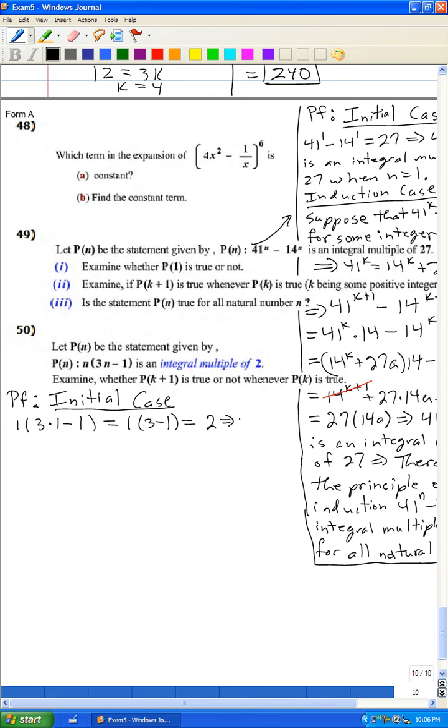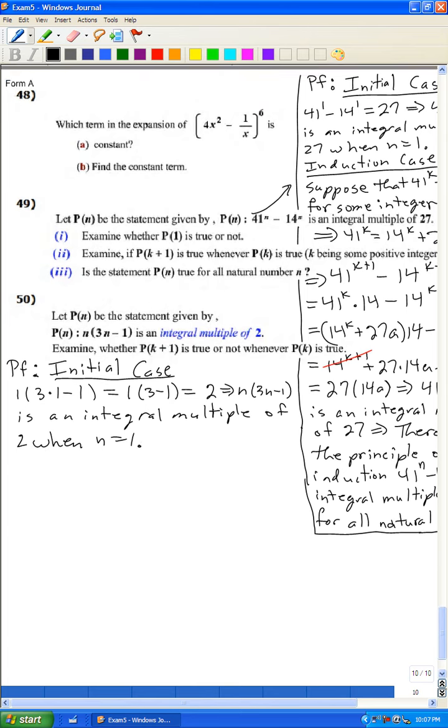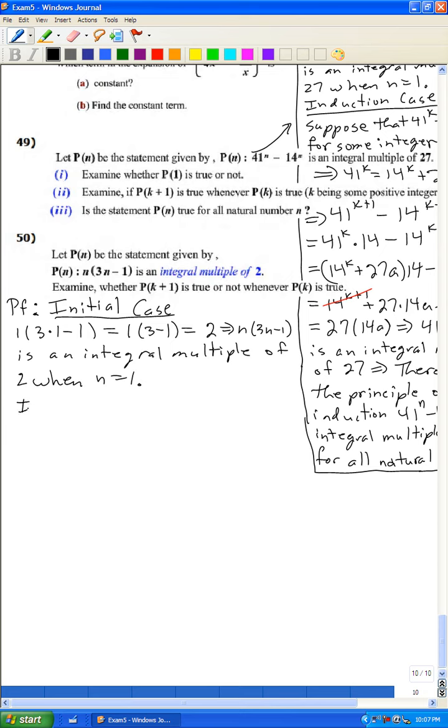Therefore, n times 3n minus 1 is an integral multiple of 2 when n is equal to 1. So I've shown the initial case. Let's do the induction case.